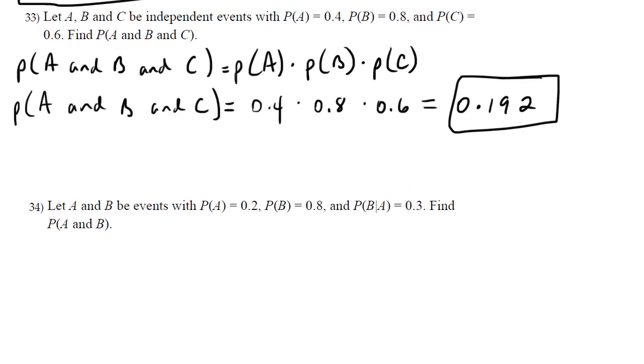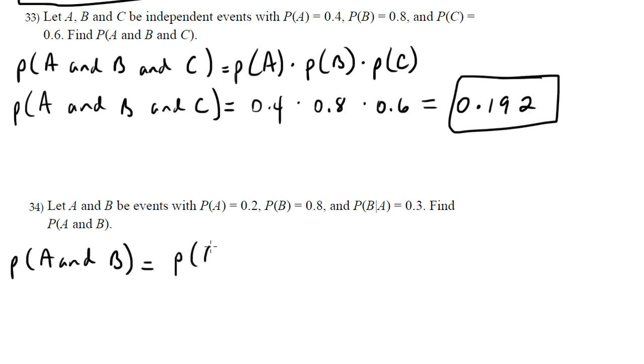Okay, last one, 34. Let A and B be events with probability of A, probability of B, and the probability of B given A. Probability that B occurs given that A has already occurred is 0.3. Find the probability of A and B. These are non-independent events. That's the next formula, multiplication rule number 2.